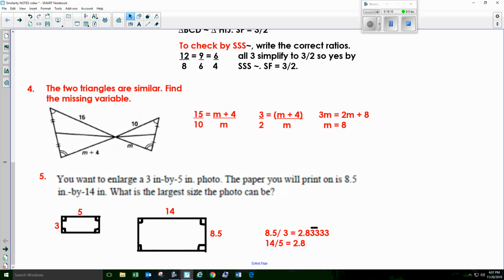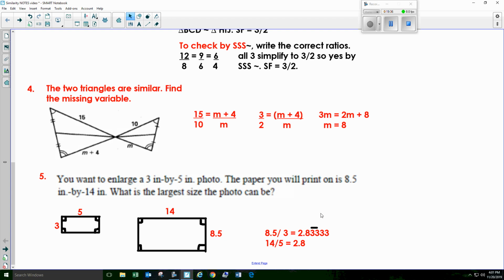So what's the largest size of the photo? Well, we already know 14 divided by the 14, using this 5 here, it will max out the whole 14 inches right here. But 3 times 2.8 is 8.4.